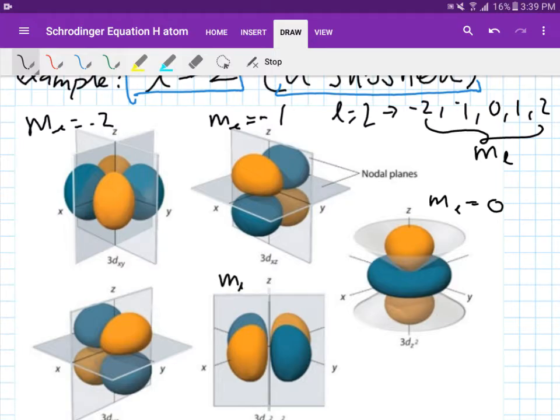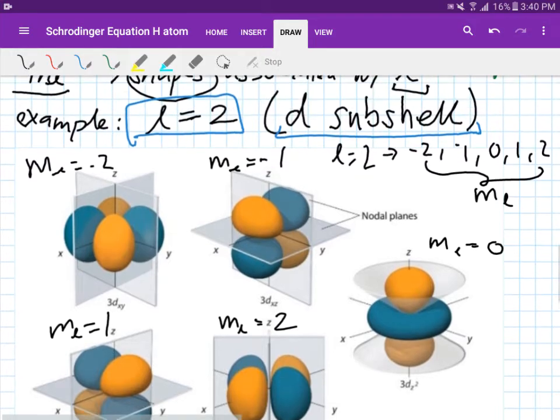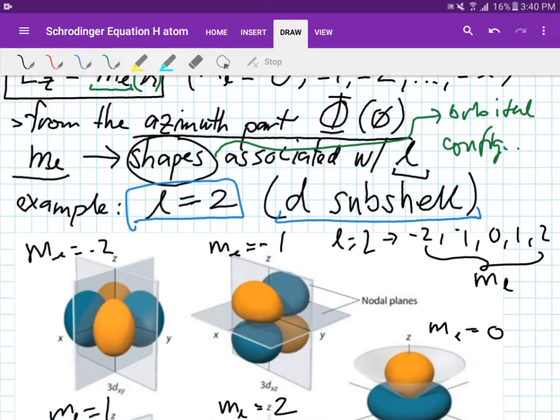This is ml equals 1, and this is ml equals 2. So there we have it, quantum numbers n, l, and m sub l.